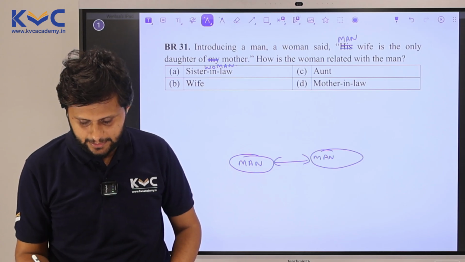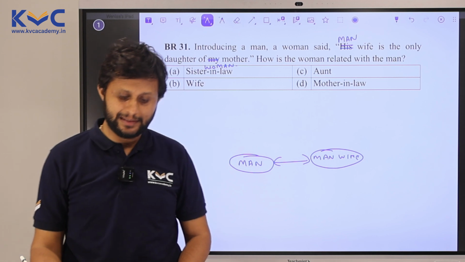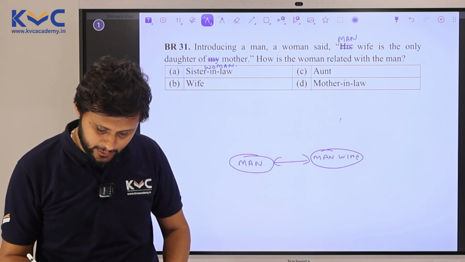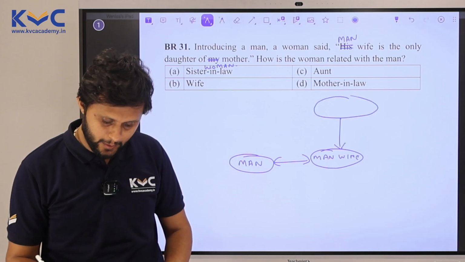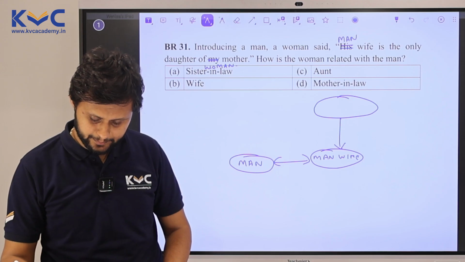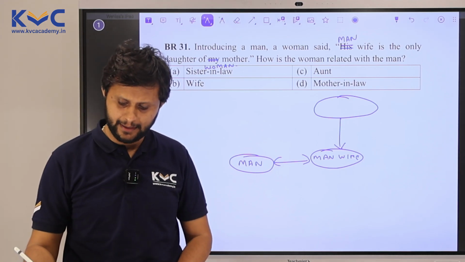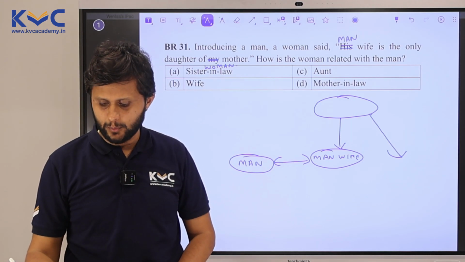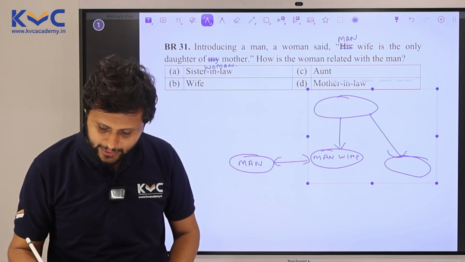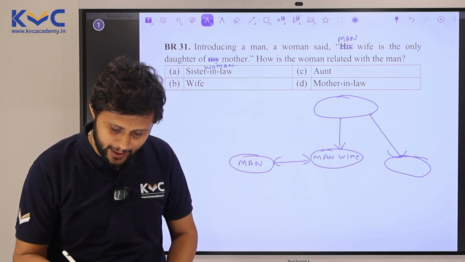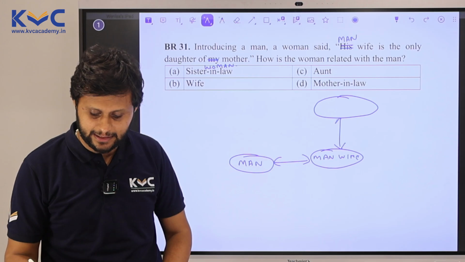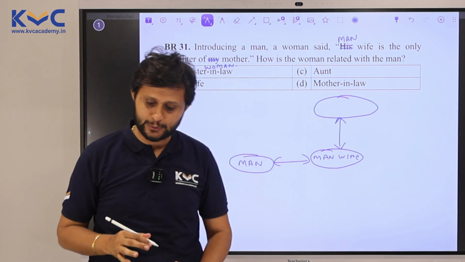The man's wife is the only daughter, she is the daughter of my mother. So when I say my mother, we have to add one more, right, like this. But then she is the only daughter. So this also cannot be there. That extra mark which we had put, we cannot put this. So we are talking about that relation coming back to herself.